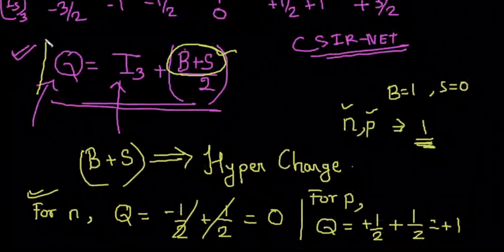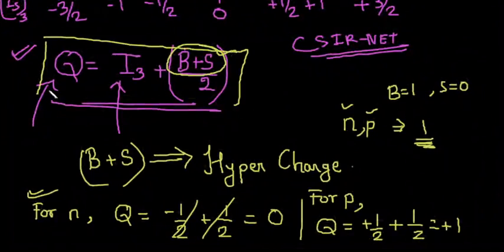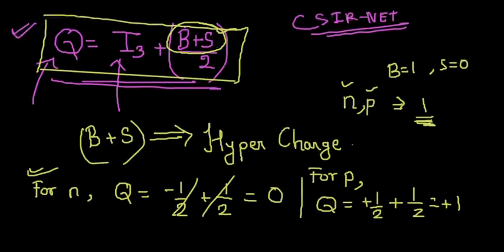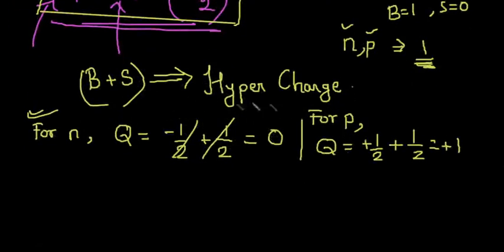So Q is equal to I3 plus (B plus S) upon 2. This formula is really necessary for NET, CSIR NET and SET. And B plus S is called hypercharge. This is also really necessary.